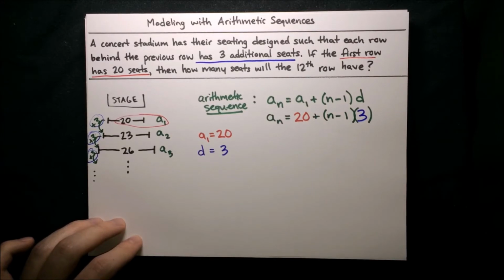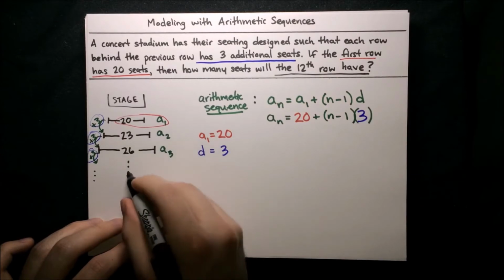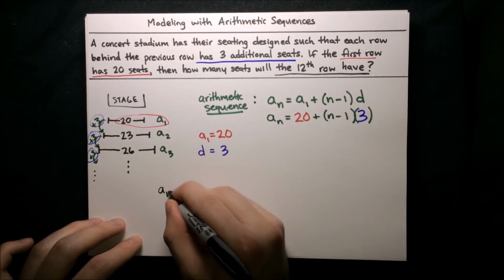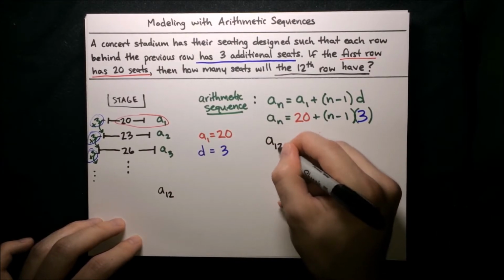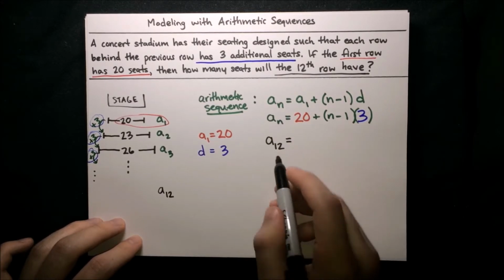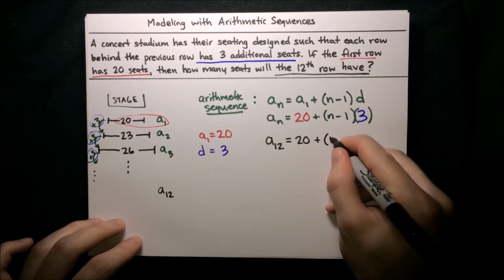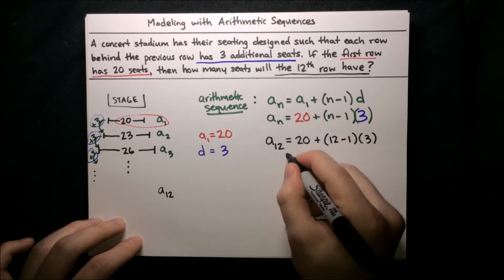Now the question we're after is how many seats will the 12th row have? So we want to go all the way to the 12th row, which is just A12. And in order to figure out what A12 is, we can just use this rule and plug in n equals 12. We get that A12 is just 20 plus 12 minus 1 times 3, which we can just go ahead and compute.